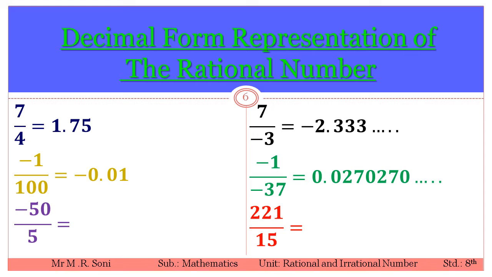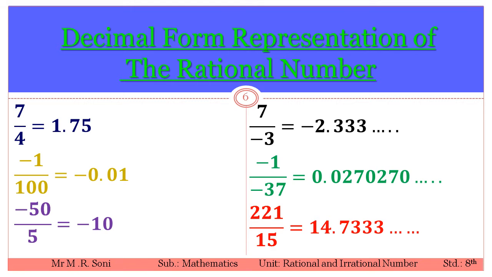And the correct answer is: negative 50 upon 5 is equal to negative 10. 221 divided by 15 is equal to 14.7333 and so on. These are all examples of the decimal form representation of rational numbers.